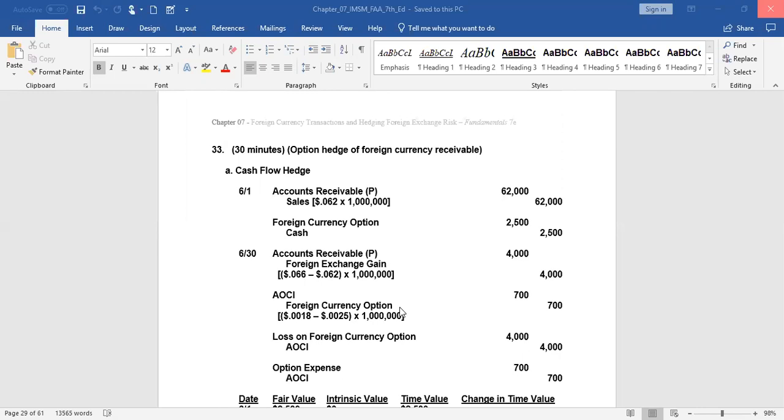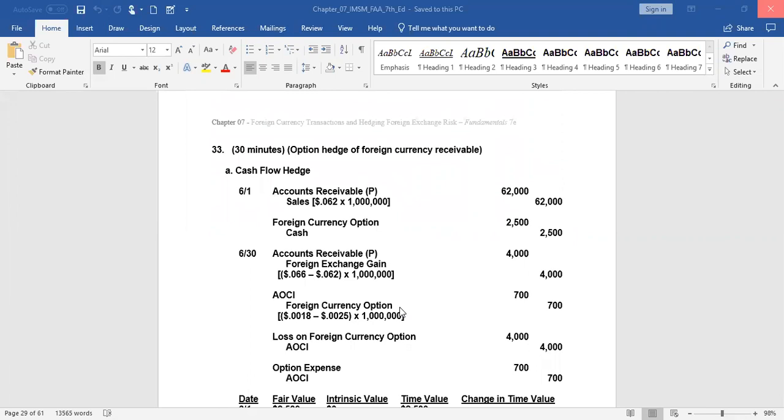So that's number one. They give us the relevant exchange rates there for June 1st. So the spot rate on June 1st is 0.062 per peso. June 30th, it was 0.066 per peso. September 1st, 0.061 per peso.